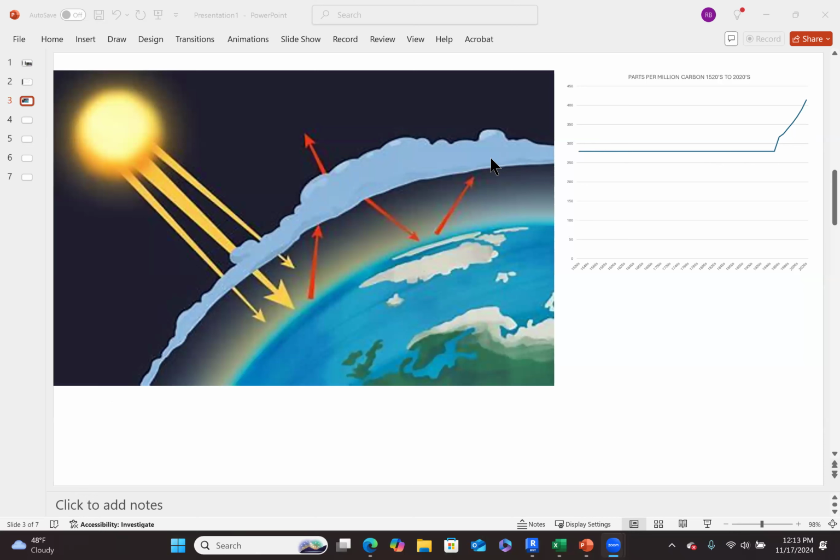And when we do that, then we're losing less heat through that ring of carbon that for the longest time was the perfect amount of carbon in the atmosphere to allow just the right amount of heat to escape to maintain the particular temperature on the planet.